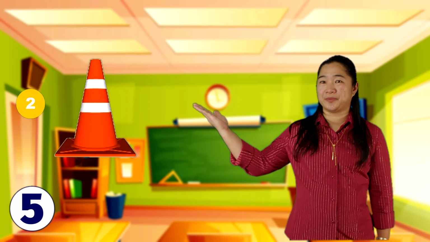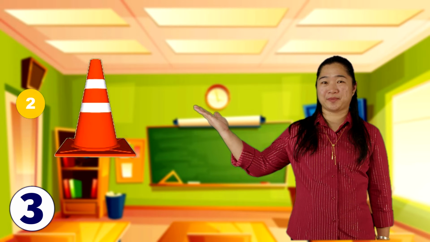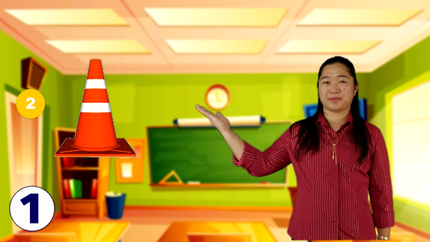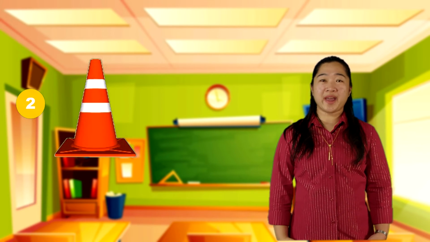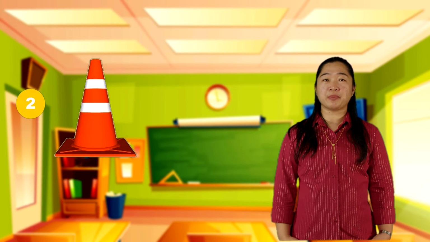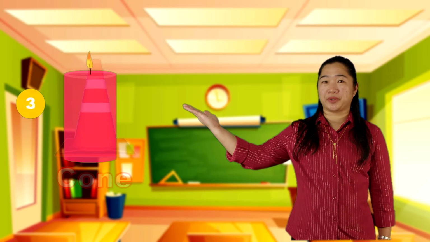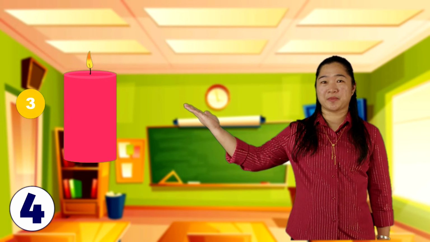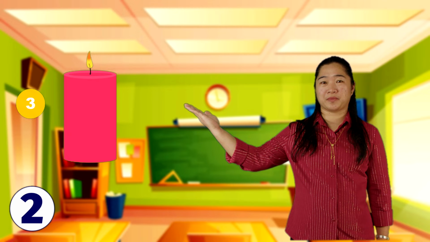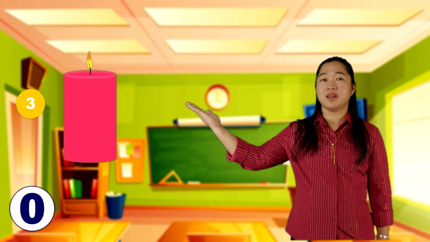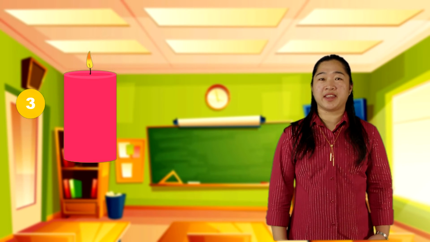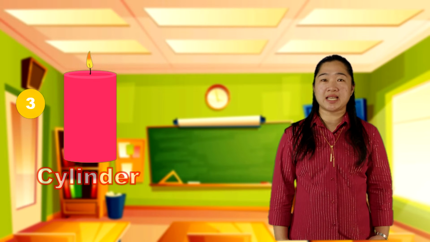Second picture. Correct. This figure represents a cone. Third picture. That's right. The candle represents a cylinder.